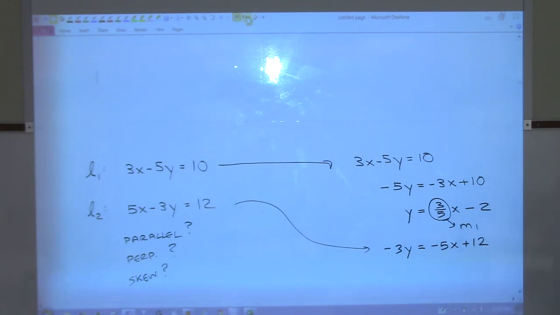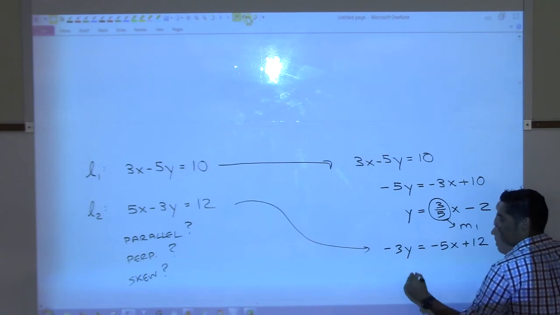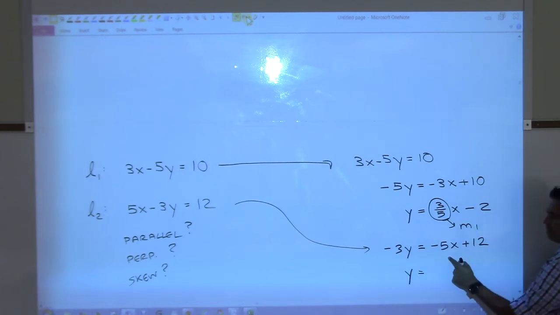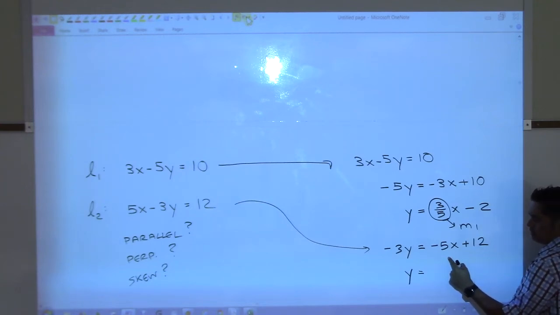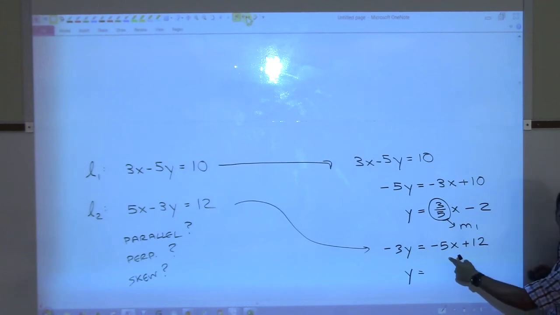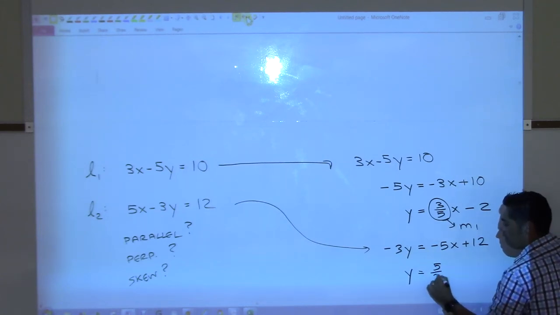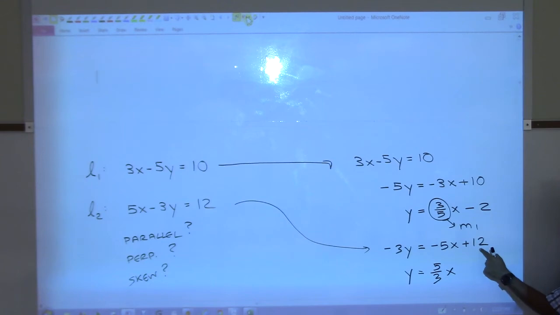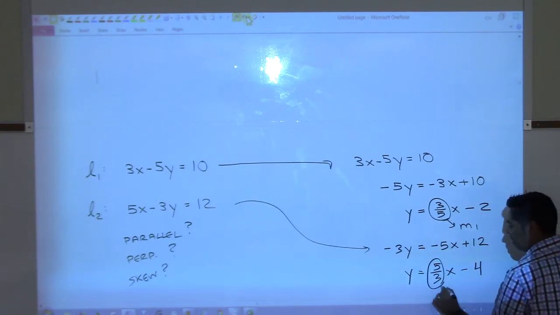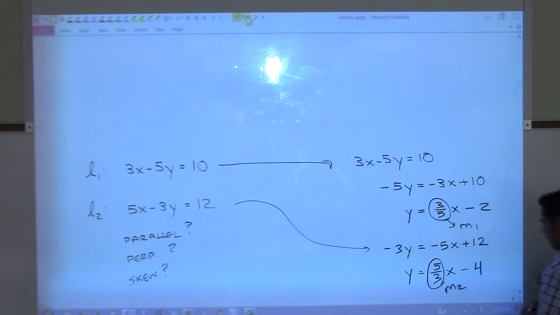You would divide by -3. Okay, so -3 here, that would give us y. -3 here would give us what? Negative 5 over -3. So negative over negative would be positive again, so 5 over 3x. And then this one divided by -3, negative 4. Okay, so what is the slope of this line? 5 over 3. That's the slope of your second line.